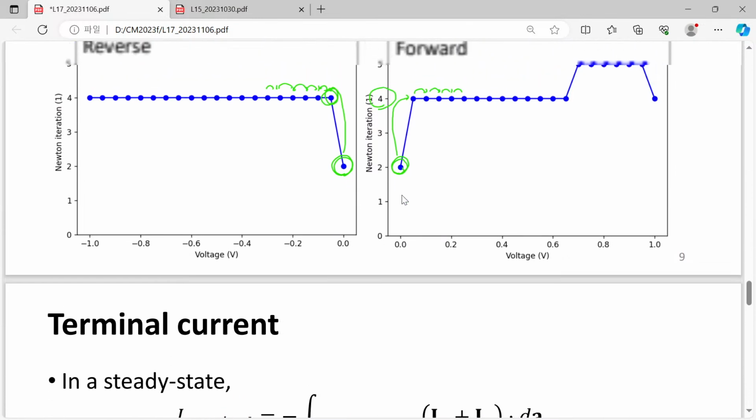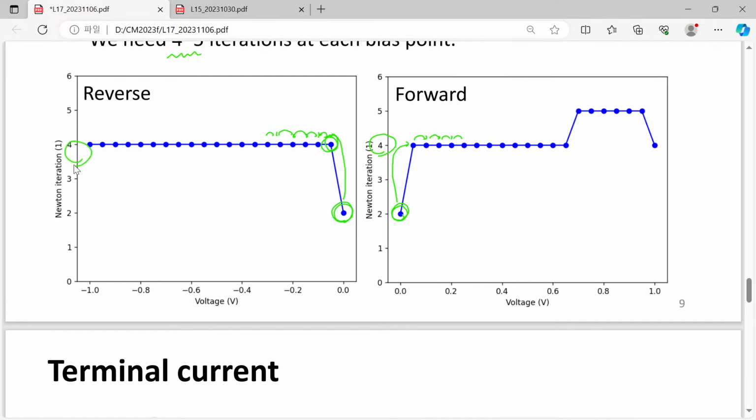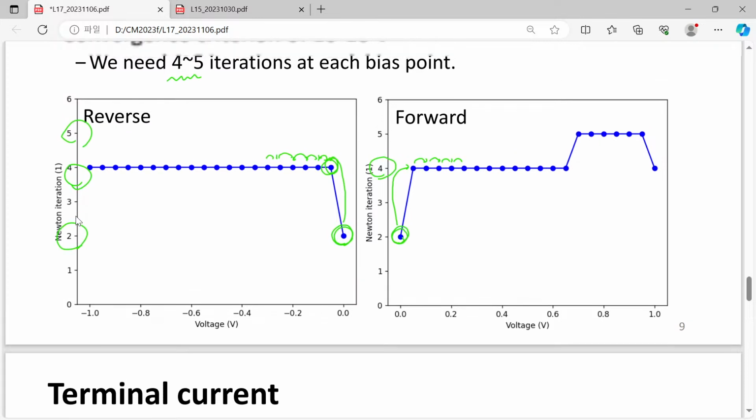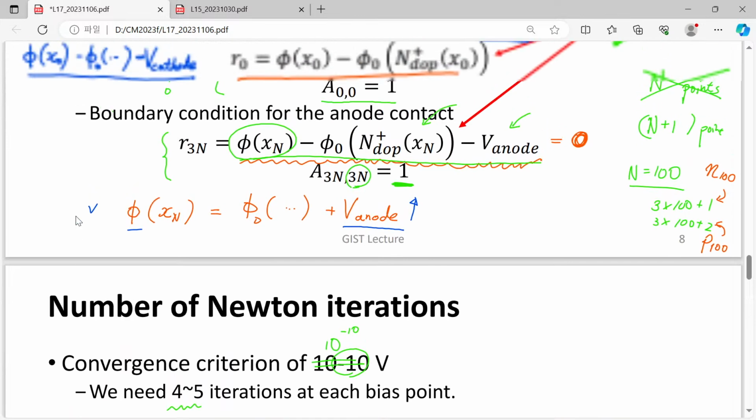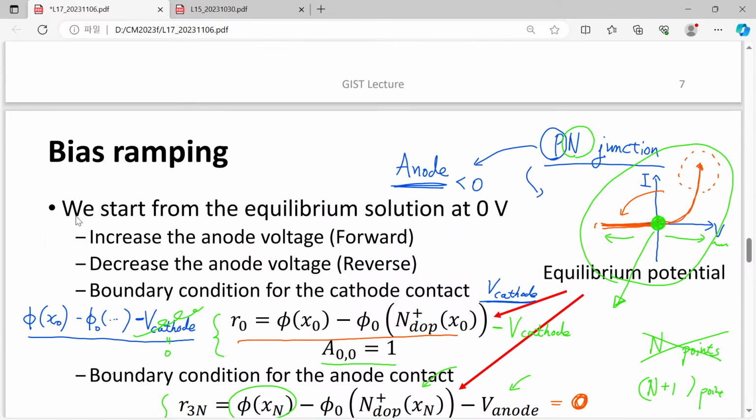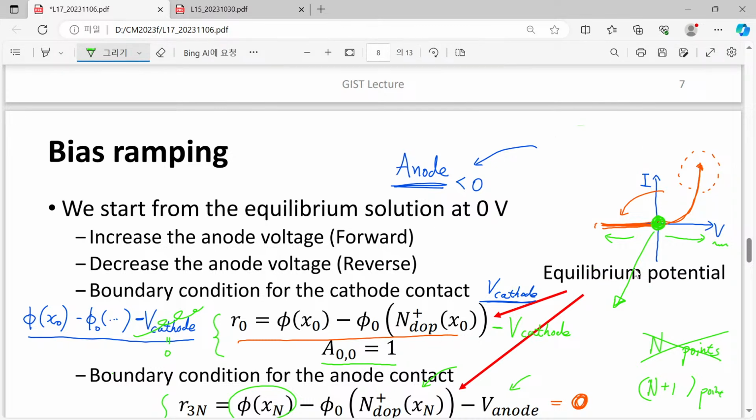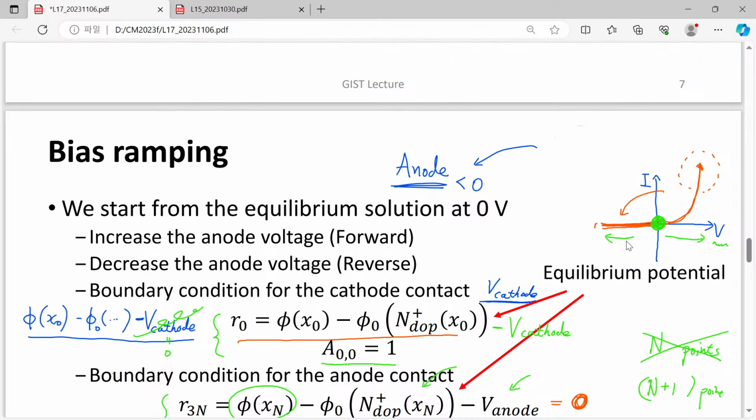However, this number 4 or number 5 or number 2 is not your interest actually. As a device engineer, what you want to get is this curve, the so-called IV characteristics, your quantity of interest. You just want to draw IV characteristics.